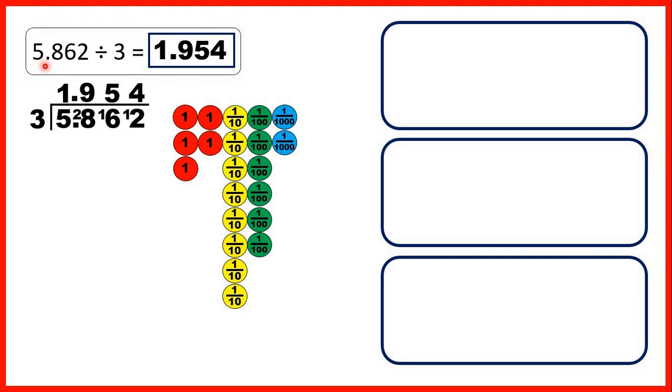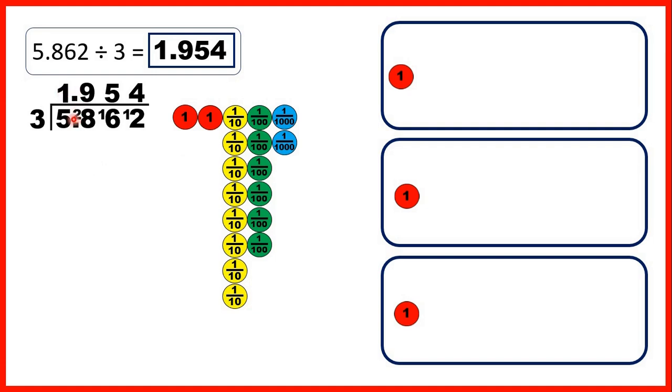Then we had 5.862 divided by 3, so that's 5 ones, 8 tenths, 6 hundredths, and 2 thousandths. We can start by sharing out the ones. We can put 1 one in each group, but we have 2 ones that we can't share out, and that's why we have 1 remainder 2.